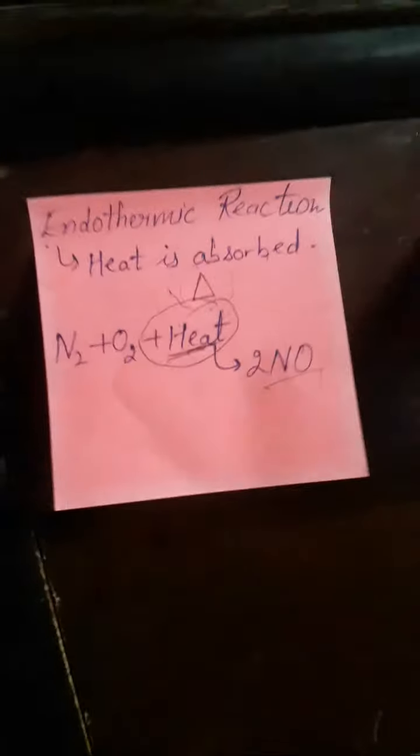Same, next is exo. The word exo is taken from out or exit. So exo means out or exit. Therm means heat. So the reaction in which heat is coming out is called an exothermic reaction. Here is the combustion of natural gas.